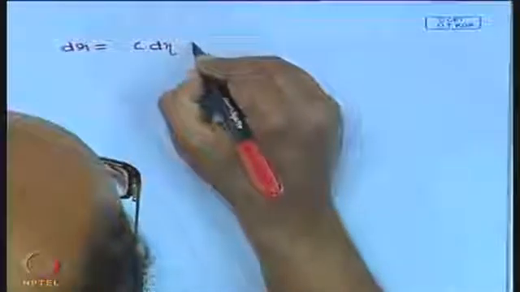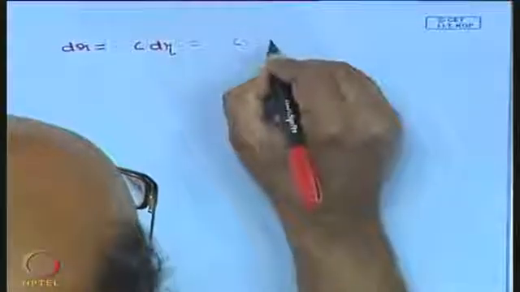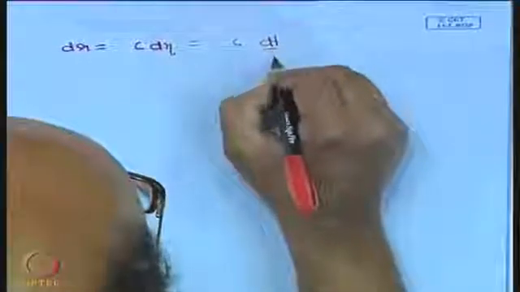Let me discuss this. The way you do this is as follows. We know that light propagates along a trajectory dr equals c d eta, and d eta we also know is dt by a, where a is the scale factor.